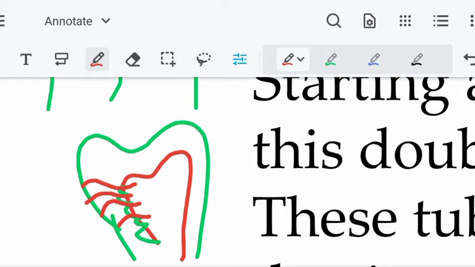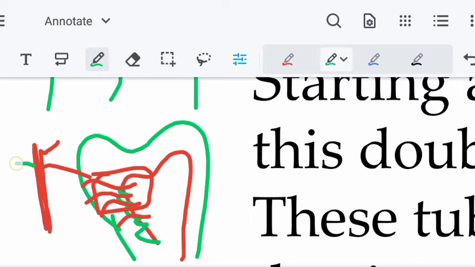If we zoom out, if this is the pulp surface, this is the dentinal tubules. Actually, it is perpendicular to this pulp surface. These dentinal tubules are perpendicular here.